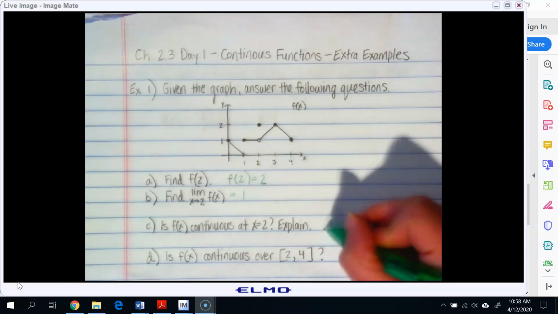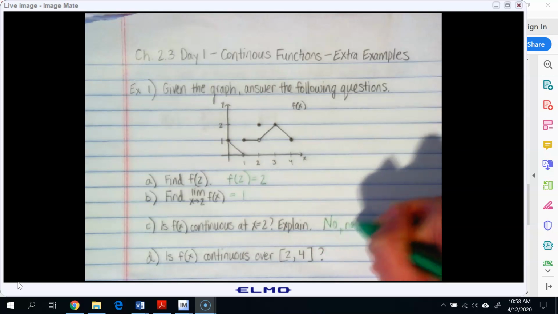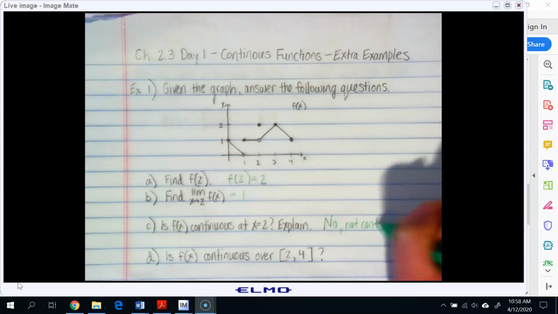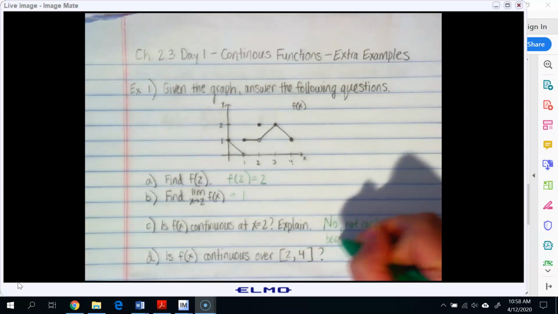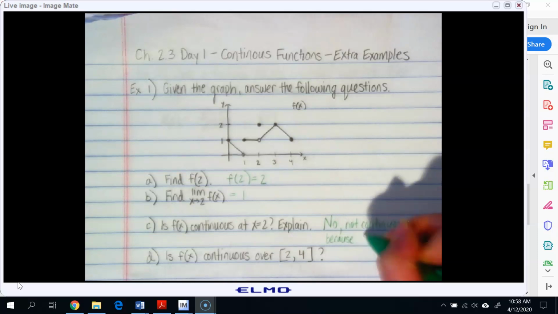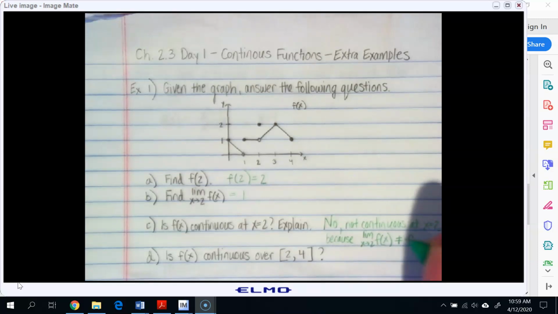So I would say no, it's not continuous at x equals 2. And to explain, I'm just going to use the definition, and that is because the limit as x approaches 2 of the function does not equal the function value.